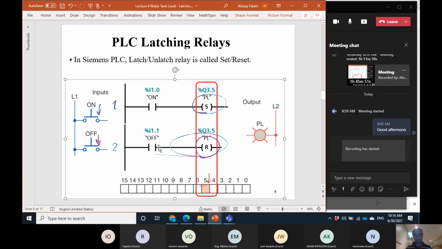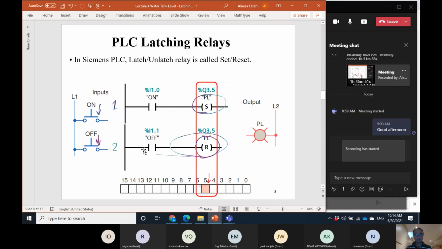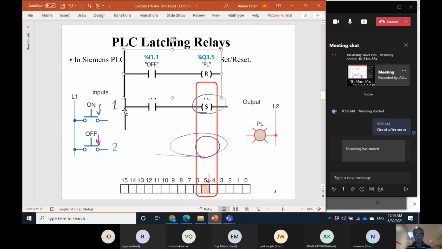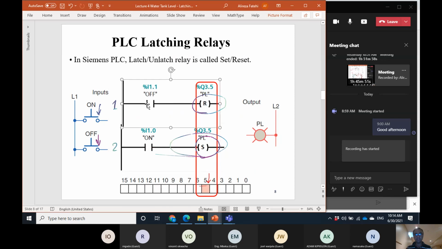But if we change the order of them in the program, what will happen? If you push both together, the program runs line by line, or rung by rung in this PLC.